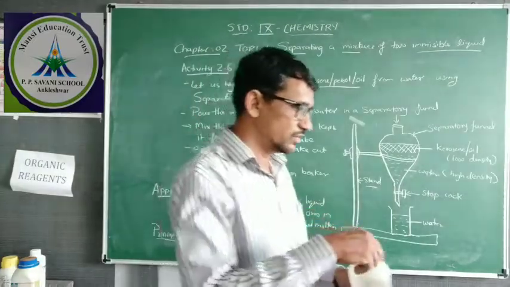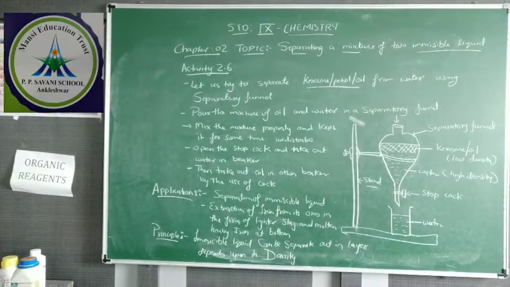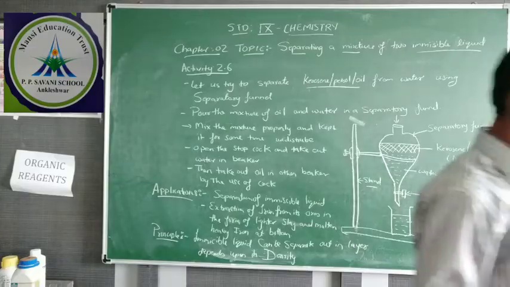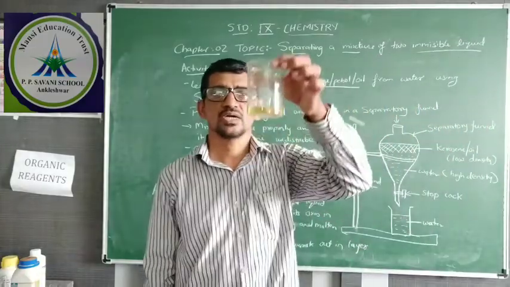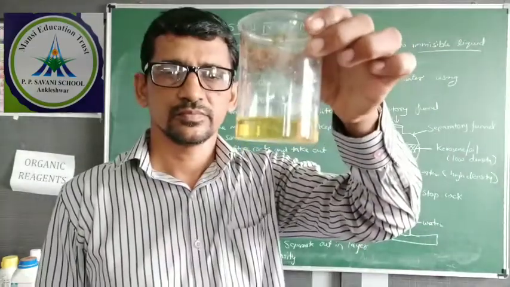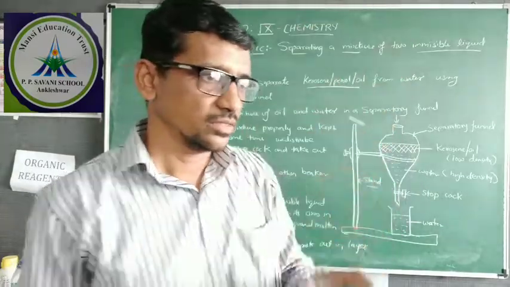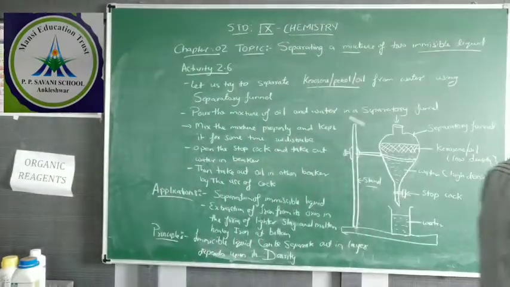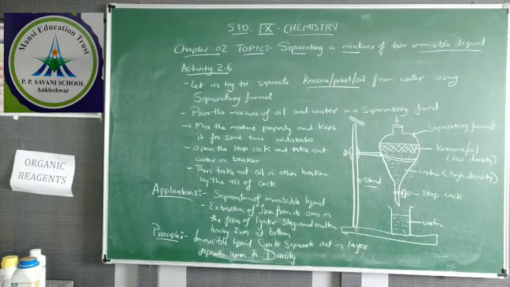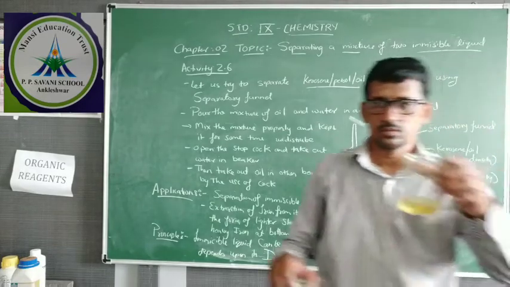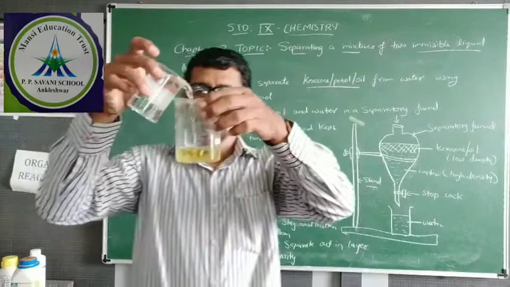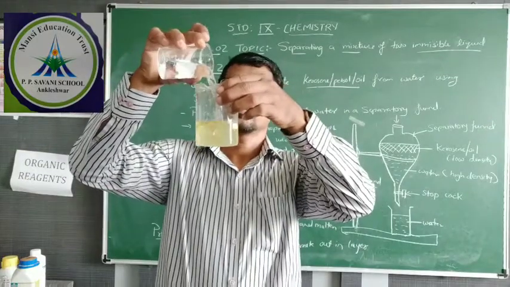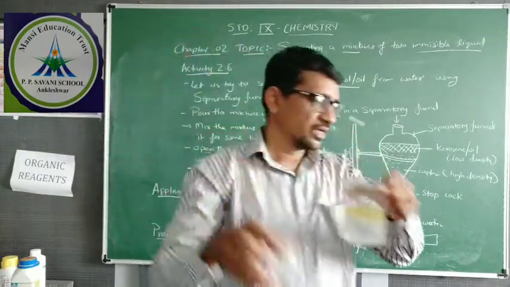two immiscible liquids. I have taken two liquids. In the first beaker I have taken oil; you can see the yellow colored oil. This oil, I mix with water, adding the water and trying to stir it.